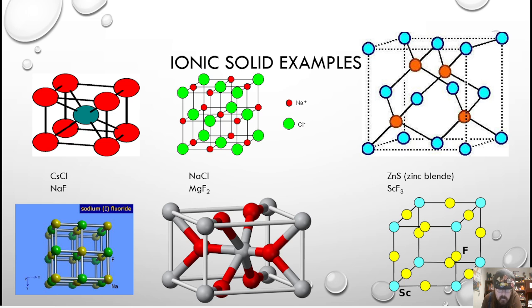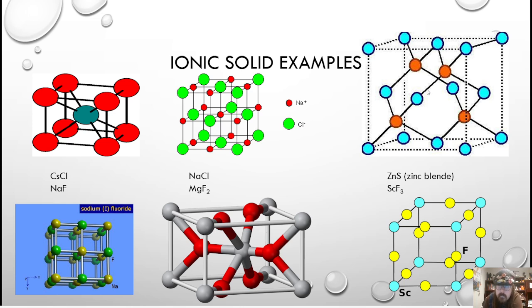But we see here 1 magnesium in the body and 1 in all 4 corners, so a total of 2 atoms, all 8 corners. 2 fluorides in the body but off to the sides, and 4 fluorides in the face. So 1, 2, 3, 4. They simplify down to 2 atoms, and so 2 atoms and another 2 atoms, so a total of 4 fluorides to 2 magnesiums, which simplifies to 1 to 2.